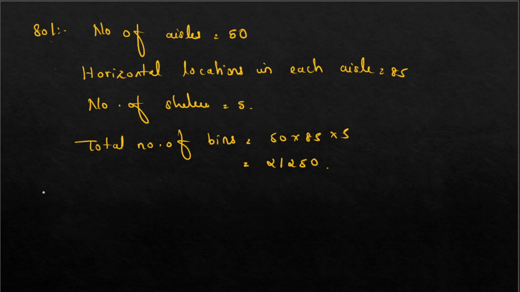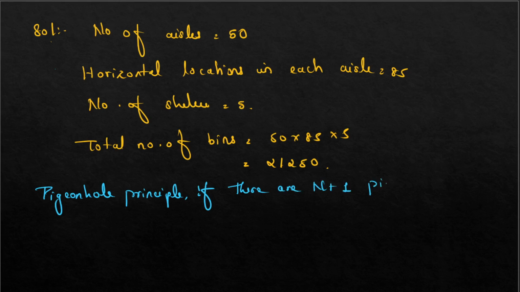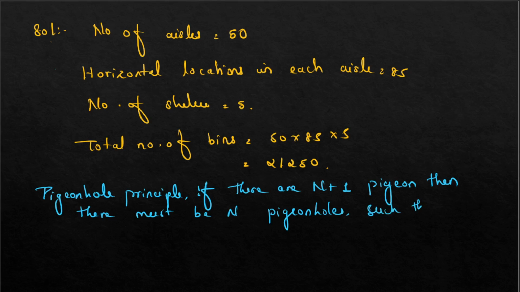According to the pigeonhole principle, if there are n plus 1 pigeons, then there must be n pigeonholes such that at least two pigeons are in the same pigeonhole.